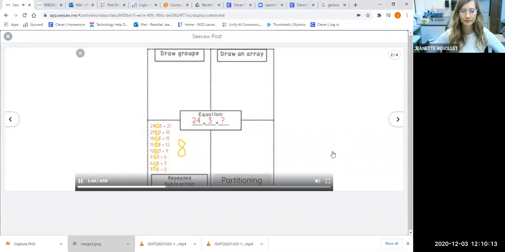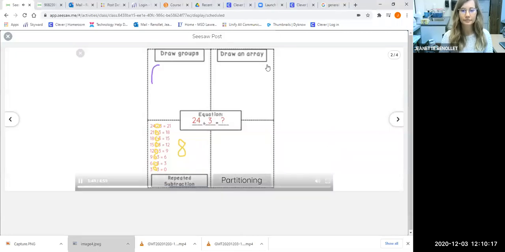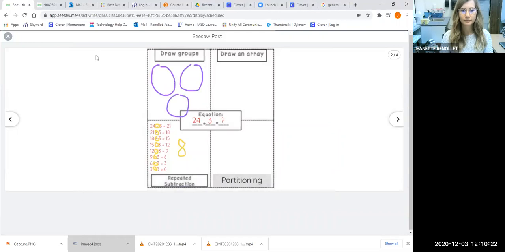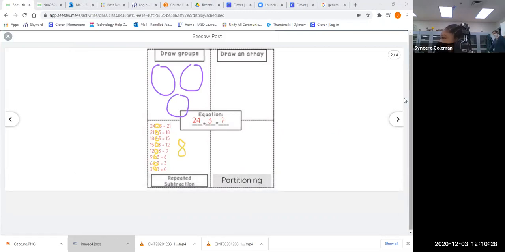Then we moved on to learning about equal groups. With 24 divided by 3, we can look at this as creating 3 groups. Then we would place one item in each group until we got to a total of 24 items.